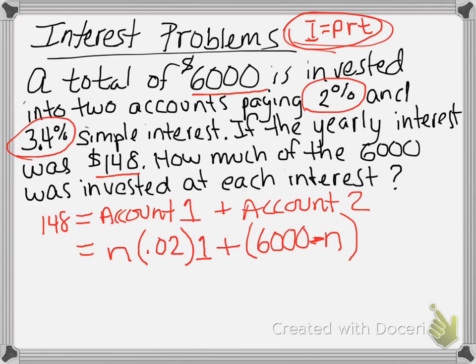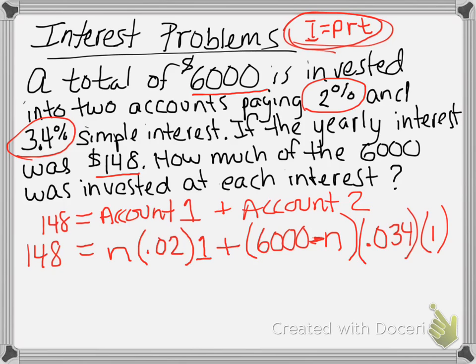And you know this account has an interest rate of 3.4, which in a decimal is 0.034. And you know it's for 1 year. Okay, you know that all has to equal $148. Once you've done a few of these, they become pretty simple because they're all kind of the same thing. You have one account and you name it, and then the other one is always the total minus that. Okay, so now you're going to have to solve this.